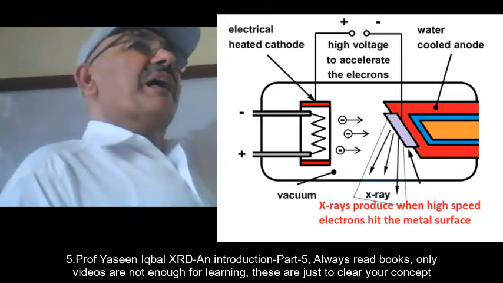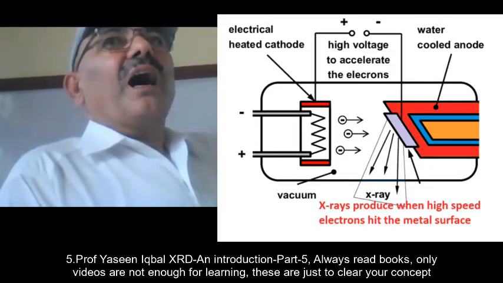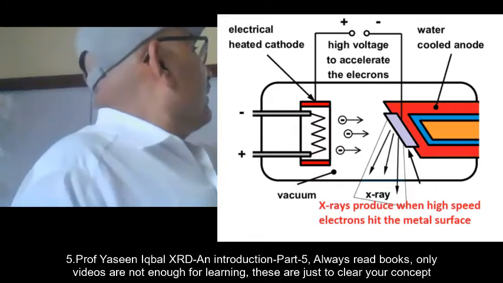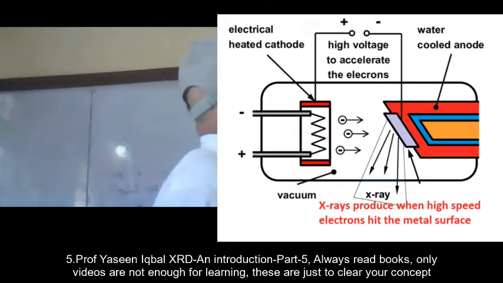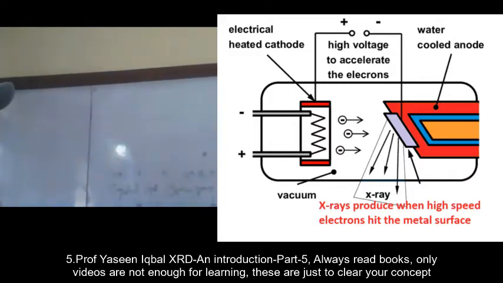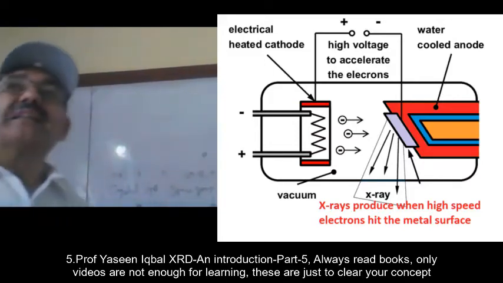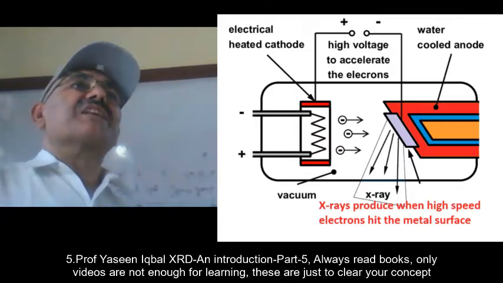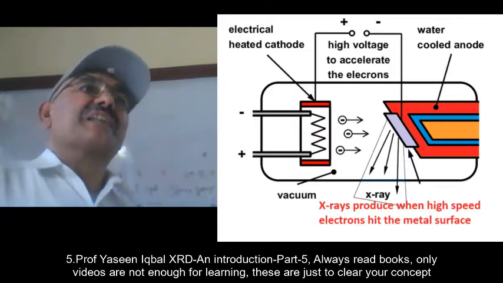You apply a potential difference between the target and the emitting electrode, right? So the X-rays are produced when high-speed electrons hit the metal surface. That is how you get X-rays.